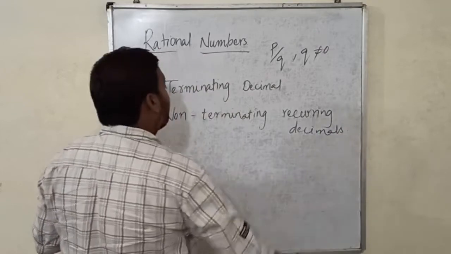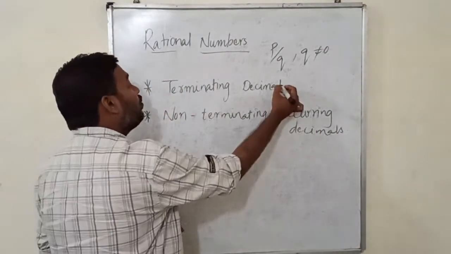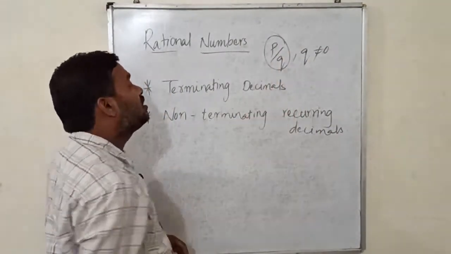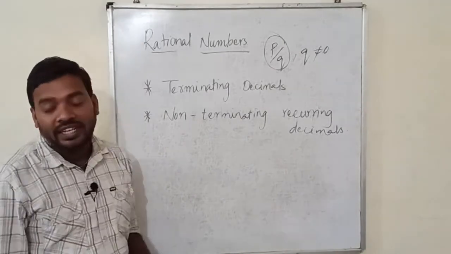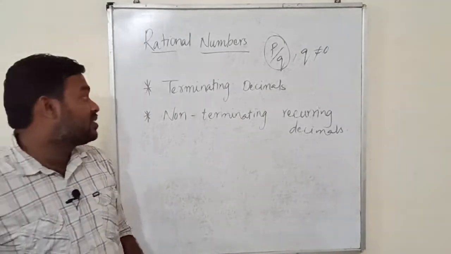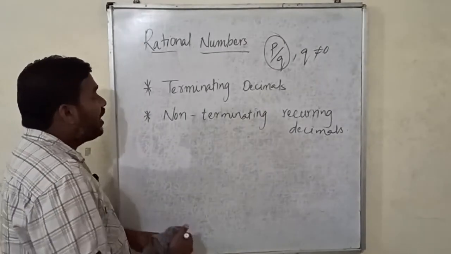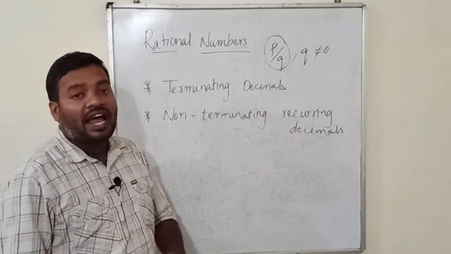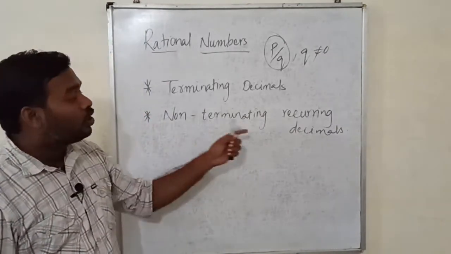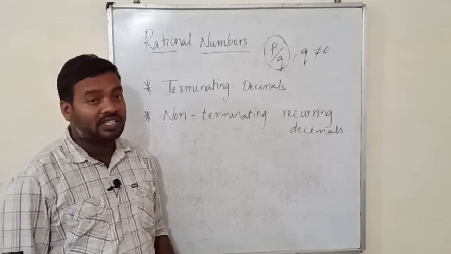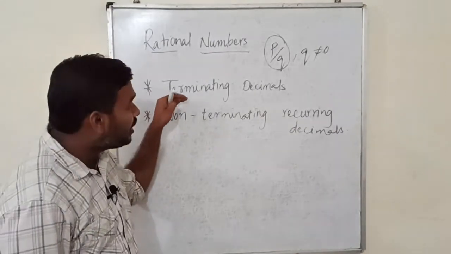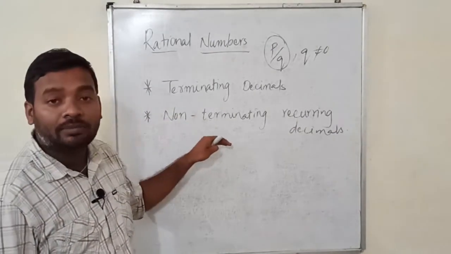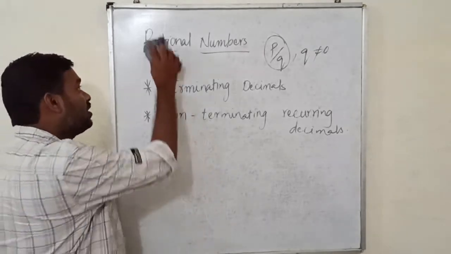These are the two types of decimals we get when we change a rational number into decimal. Let's go for some examples and see where we get terminating decimals and where we get non-terminating recurring decimals, and let us see what terminating and non-terminating recurring decimals are.